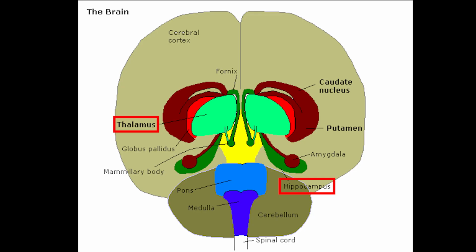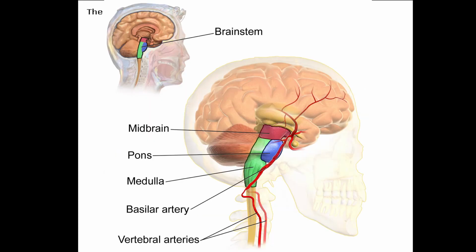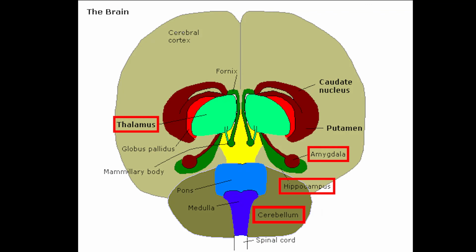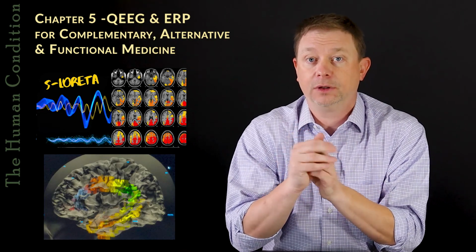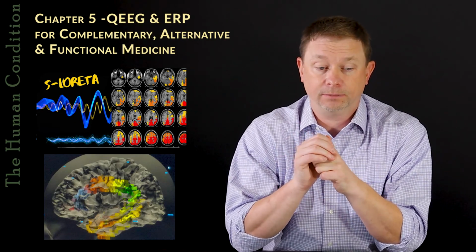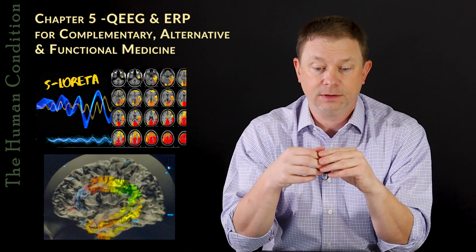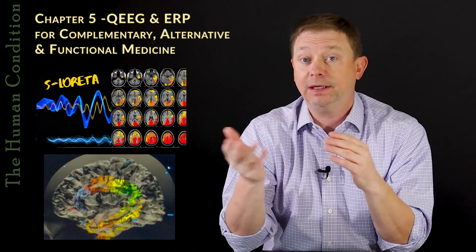We can see the parahippocampus, but we can't fully see all these structures. We can't fully see the amygdala. We can't see the brainstem, and we can't see the cerebellum with EEG. But we can see quite a lot, and in combination with a good neurological examination, we can triangulate all the different parts and understand all the different pieces that EEG cannot see.